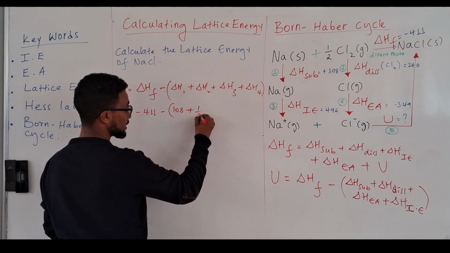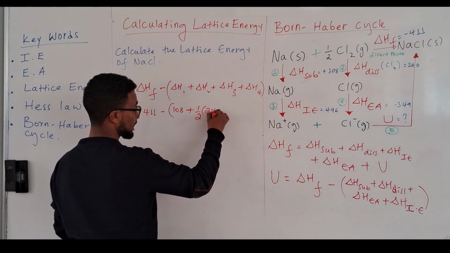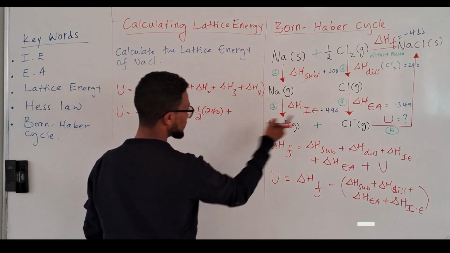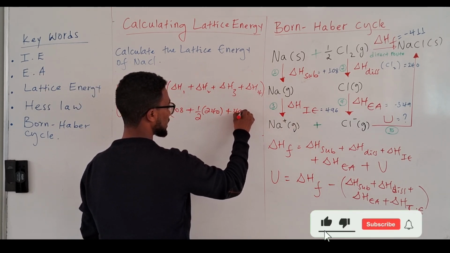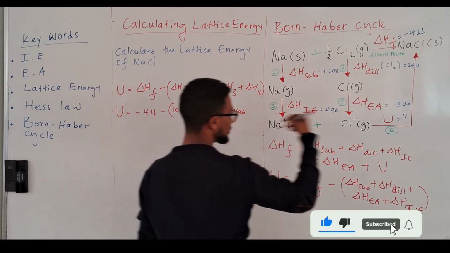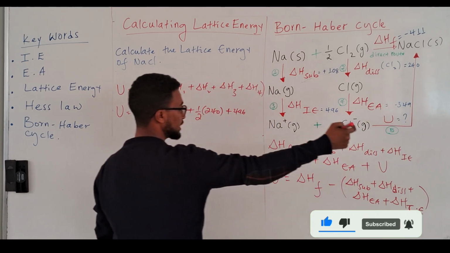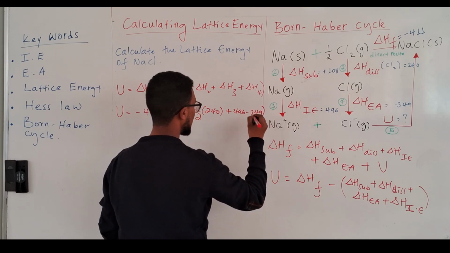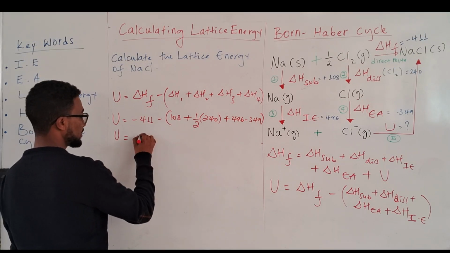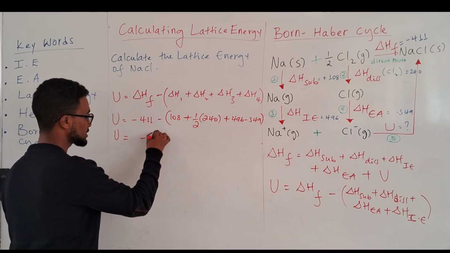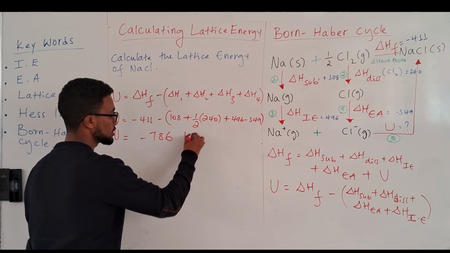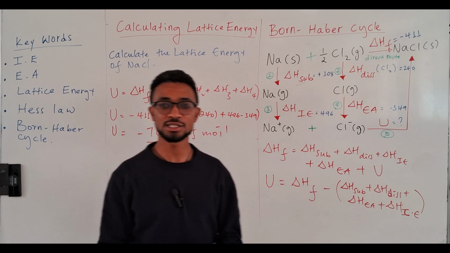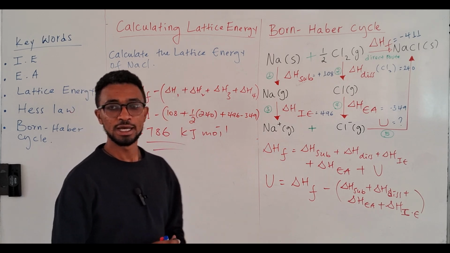So I have to divide this by 2. Okay, I'm going to take half of 240 plus enthalpy change in step 3 is positive 496 plus enthalpy change in step 4 is negative 349. Okay, now lattice energy will be minus 786 kilojoules per mole. So this is how you determine lattice energy of any compounds.